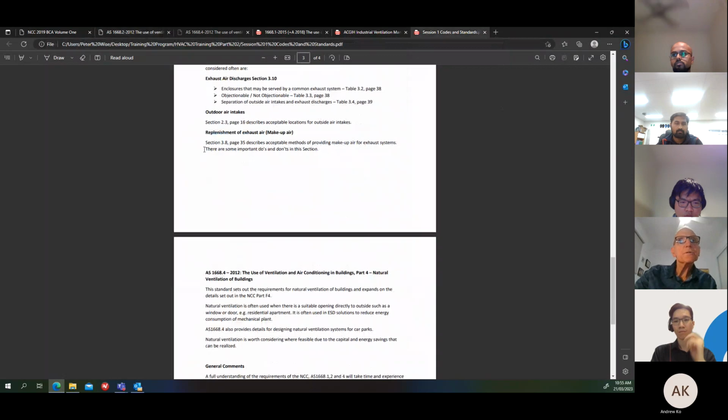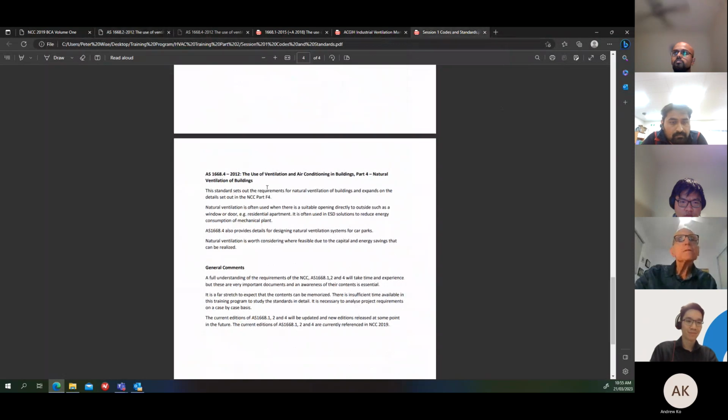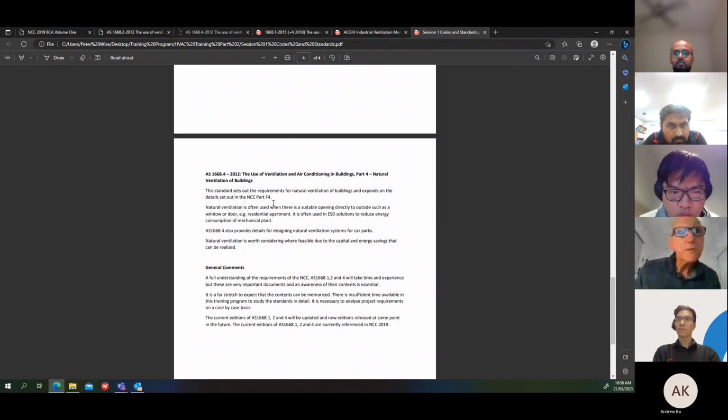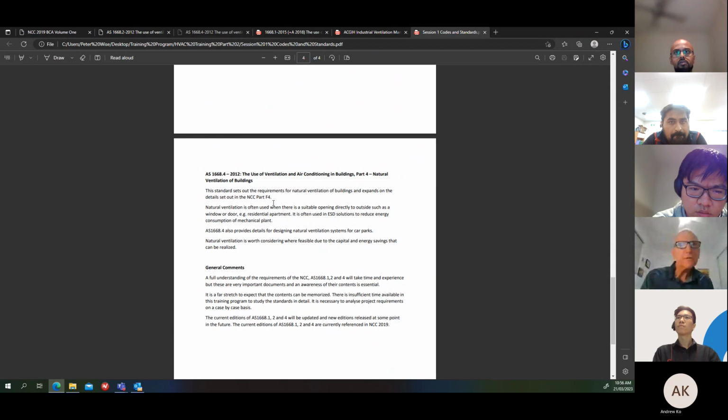Okay, I just mentioned there are some do's and don'ts in that section that you need to be aware of. AS 1668 Part 4 talks about natural ventilation. This goes into a bit more detail than the NCC, but for natural ventilation of, say, a residential building or in simple cases, the NCC requirements are covered in this standard anyway. This goes into a bit more detail for if you're thinking about an ESD solution to naturally ventilate a building rather than air condition it.